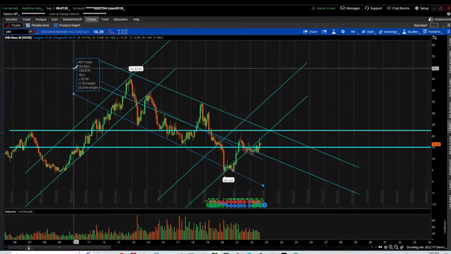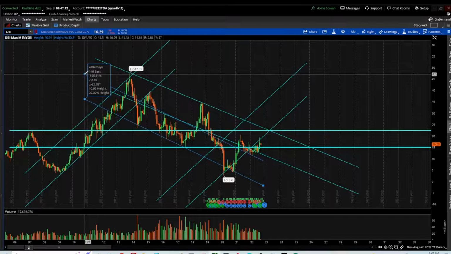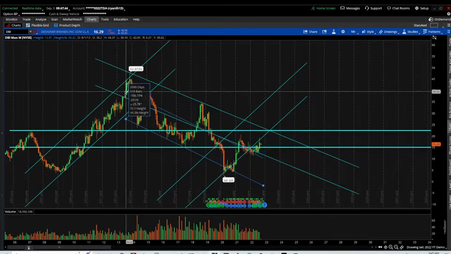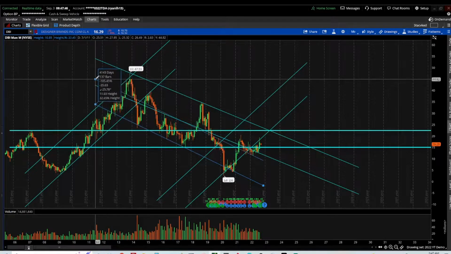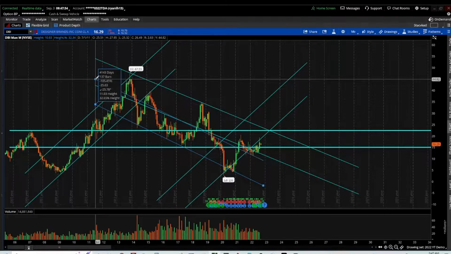And if we go back, where would we want to capture this top line? I like right here just because this candle has a little space between it. So I'm going to plant it right there.